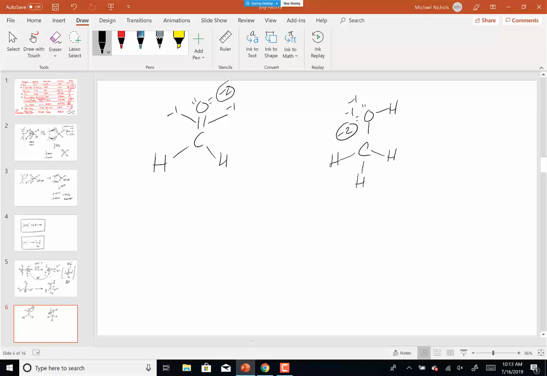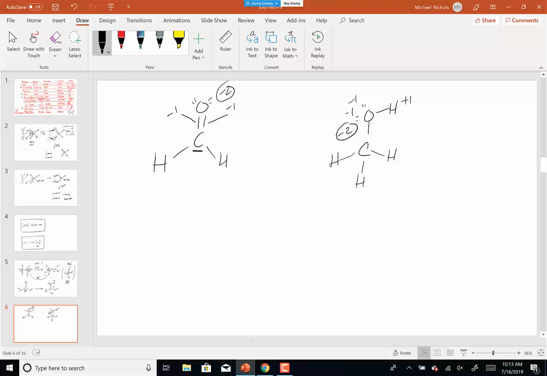So what about the hydrogen over here attached to the oxygen? It lost its electron to oxygen, so it's going to have a +1 charge. How about this carbon down here in the carbonyl, in the C double bond O?